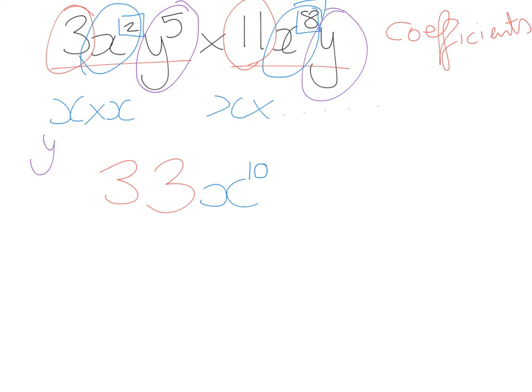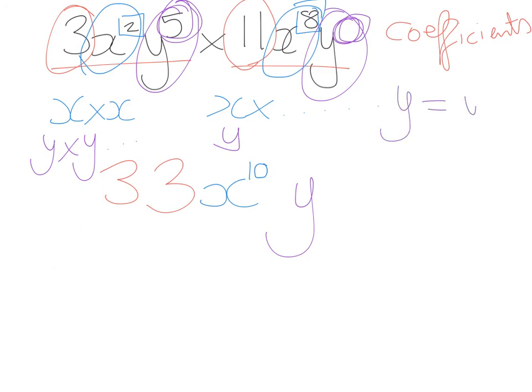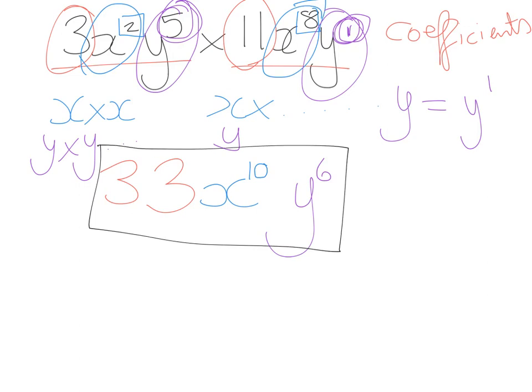So I can write out y times y 5 times and then multiply it by y, or I can think about my powers. I've got 5 here, but I don't have a power here, which means what number should be there? y is the same as y to the power of 1. So that's a 1. So I've got y to the power of 6. And this is your final answer here. 33, x to the power of 10, y to the power of 6.